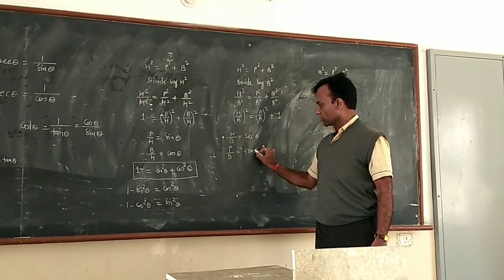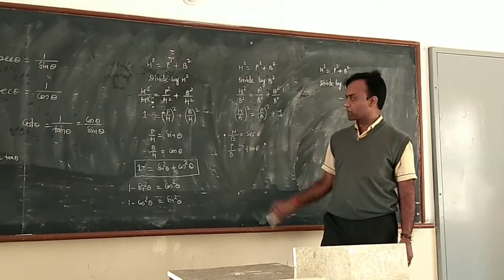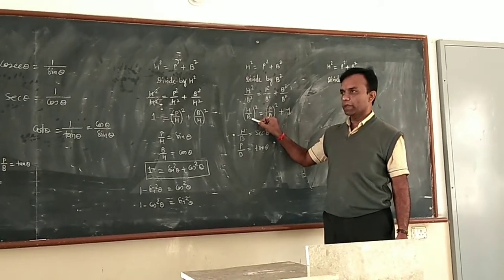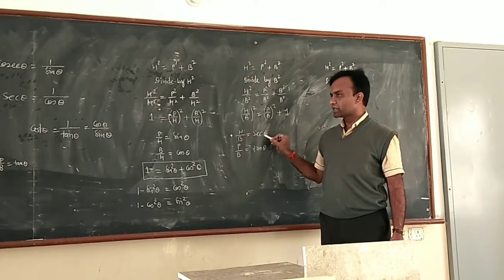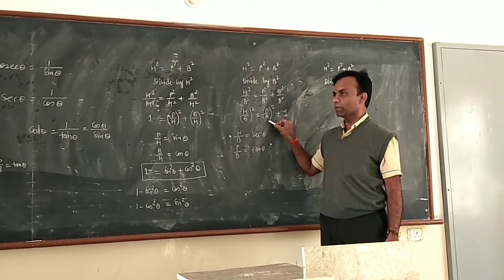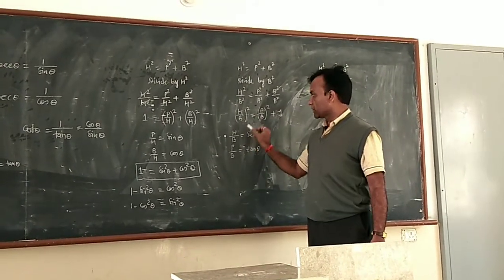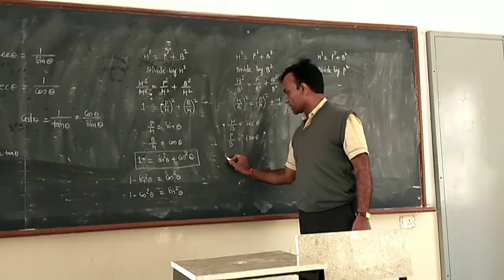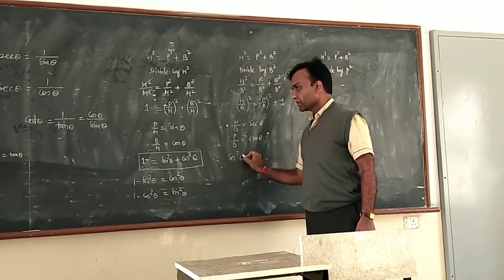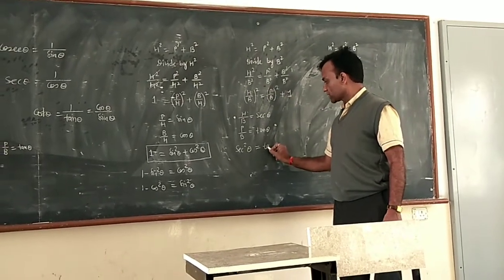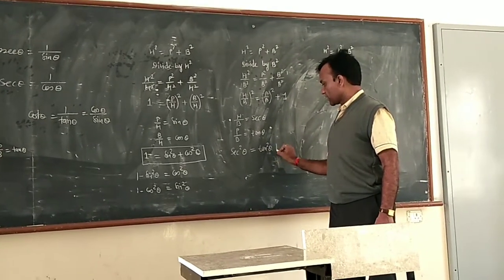Now two trigonometrical ratios you have here, because two ratios are given with respect to sides: hypotenuse upon base, that is sec theta, and perpendicular upon base, that is tan theta. So you replace h by b with sec theta, so you can write here sec square theta. Similarly, p by b, you put tan square theta, and then plus 1.